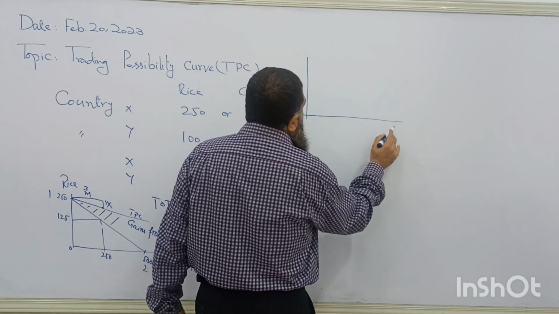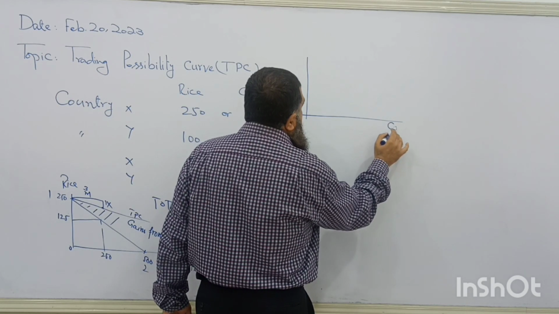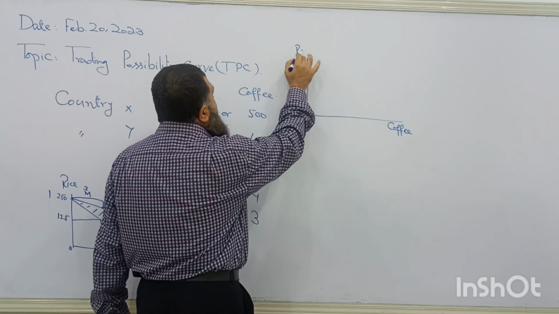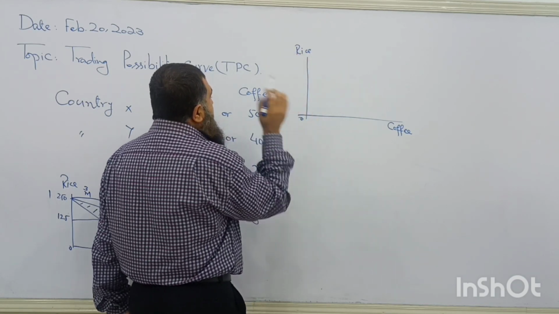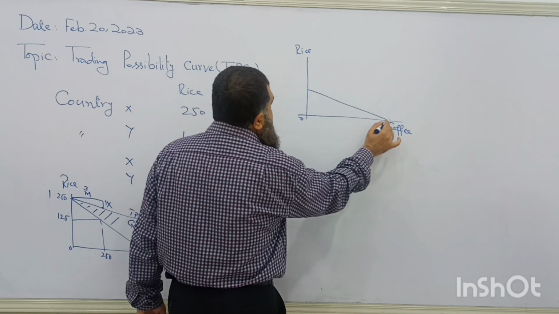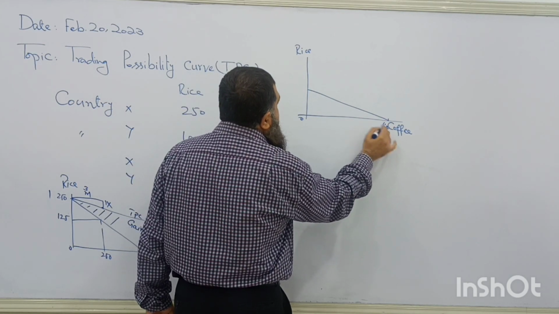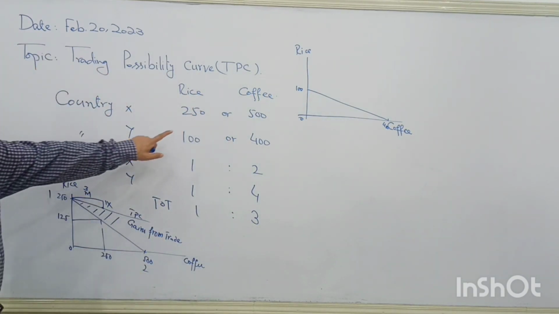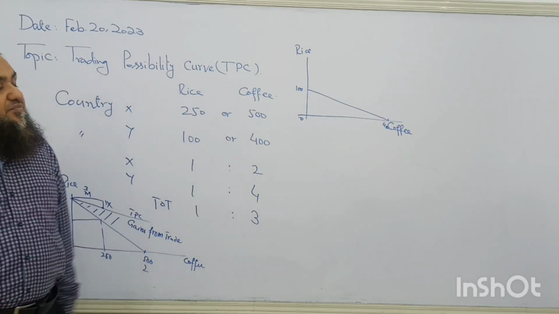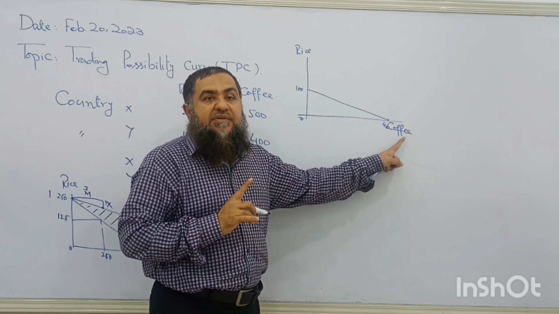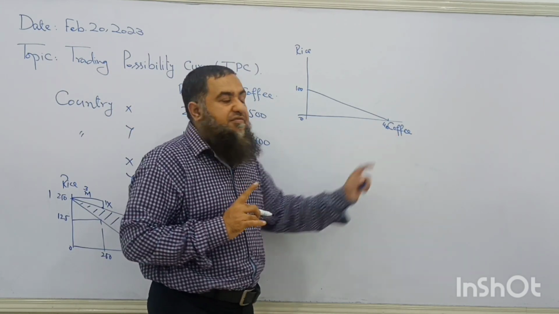Now come towards the other country, country Y. Here I am taking coffee, and here I am taking rice. Now, what is the PPC of this country? Here it is 400 and this is 100. Again, this country has a comparative advantage in the production of coffee.